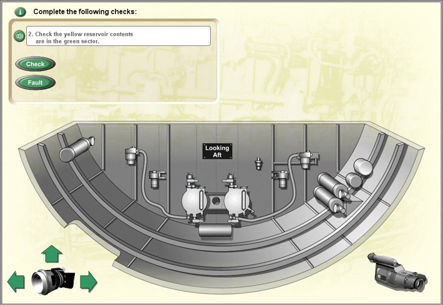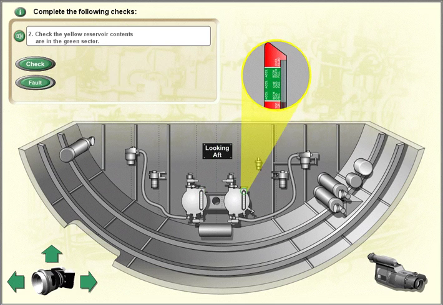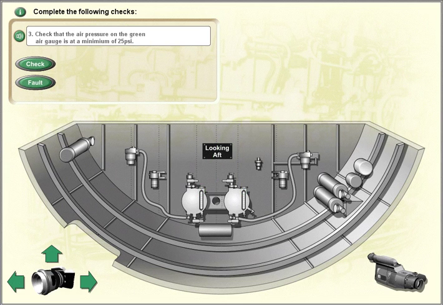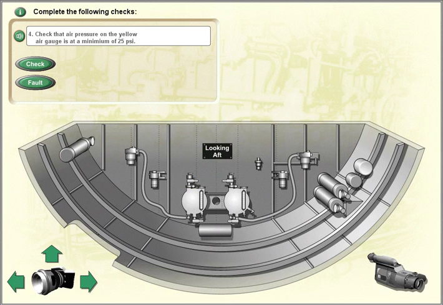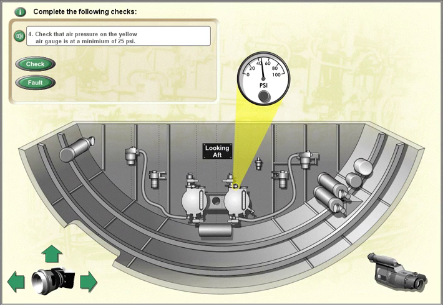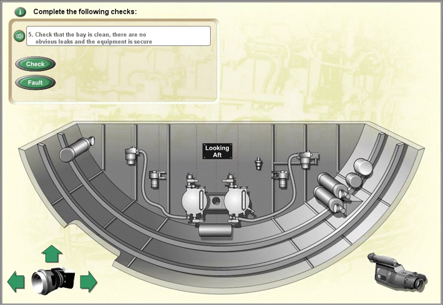Check the yellow reservoir contents are in the green sector. Check that the air pressure on the green air gauge is at a minimum of 25 psi. Check that the air pressure on the yellow air gauge is at a minimum of 25 psi.